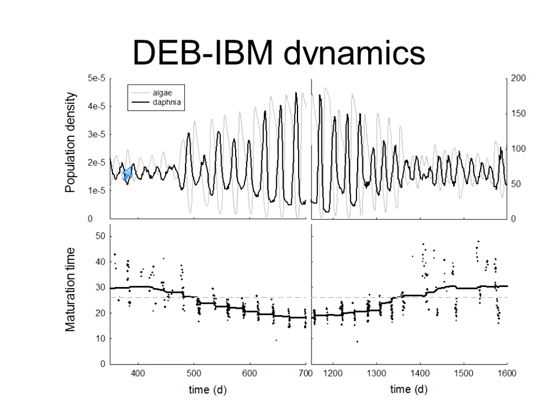He now ran the DEB model, or the DEB IBM model, and depending on random stochastic factors, he either got the small amplitude cycles or the large amplitude cycles, and sometimes got a transition from one to the other.